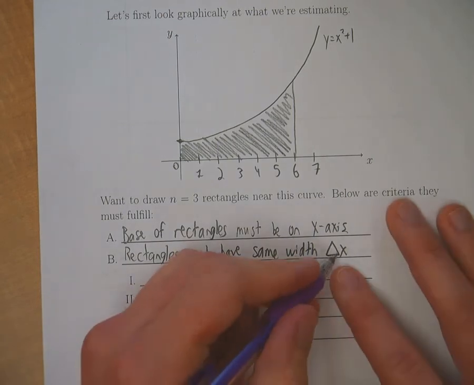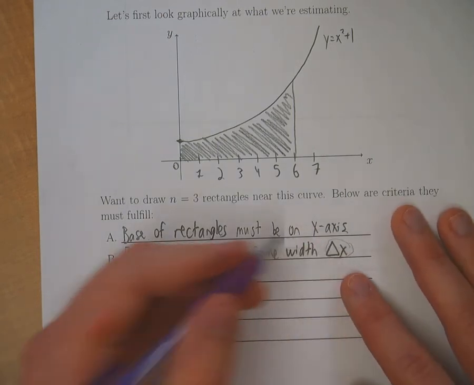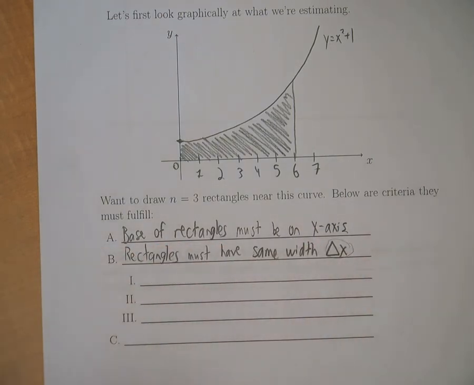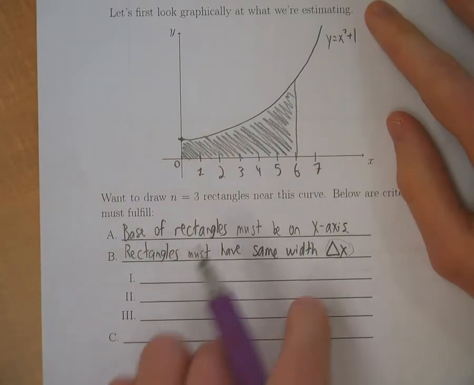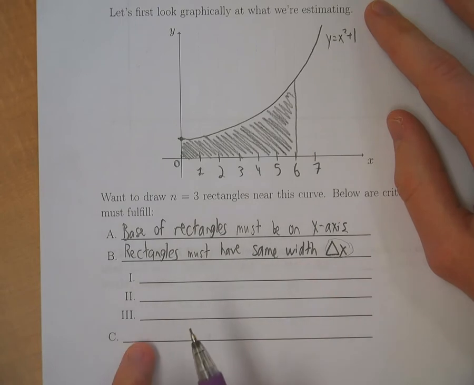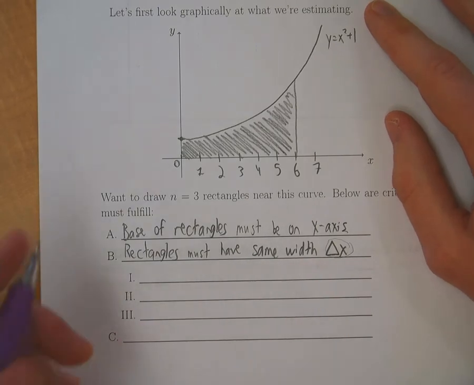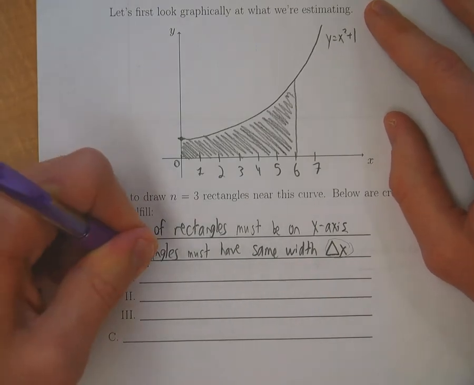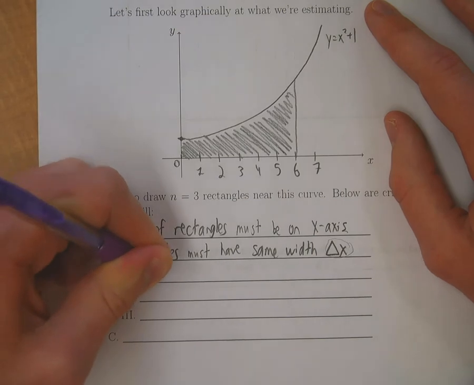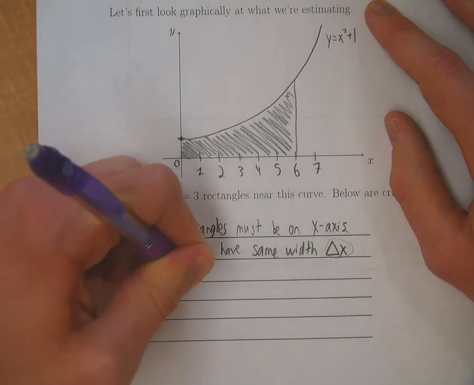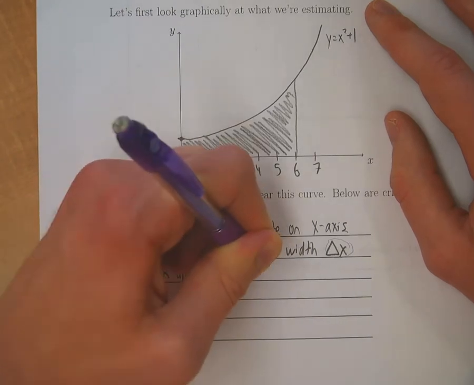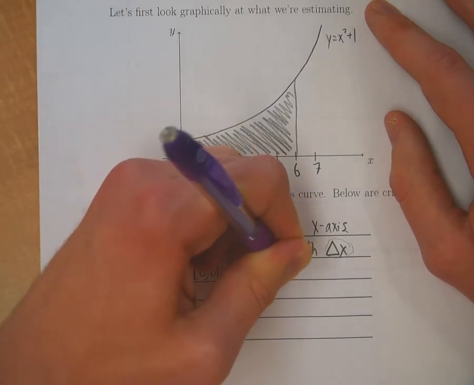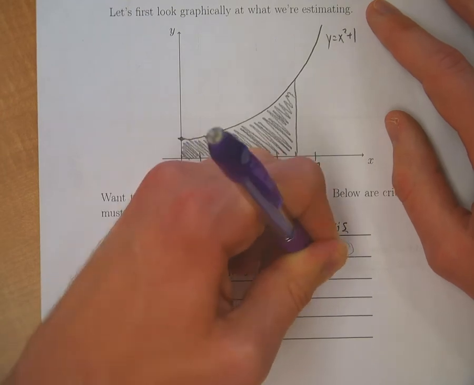In this case, delta x is supposed to correspond to the width of your rectangle because we're ultimately trying to use rectangles to approximate this thing. So first thing we need is the width, and then we'll talk about the height in a second. We break up our interval, which in this case is 0 to 6, into n equals 3 equal segments.